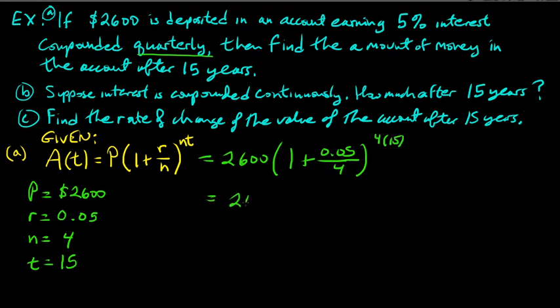That's going to be 2,600 times 1 plus 0.05 divided by 4. Now I don't remember what that is.